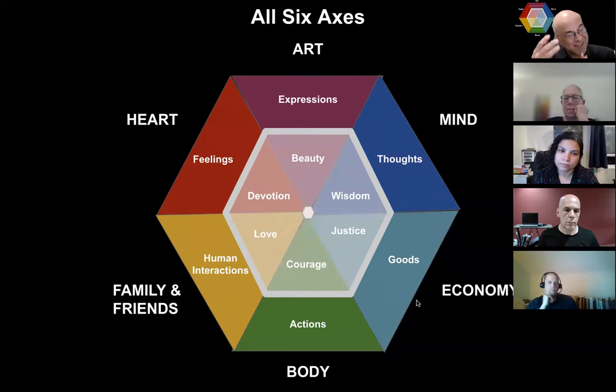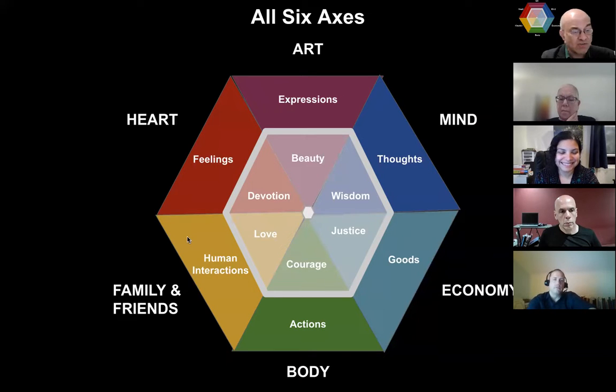But when you say that I want to be just, I want to do things which are right, you're bringing all of the things that you know about actions together. So integration is all inside this, and disintegration is all outside this. And this is true of each of these six axes.